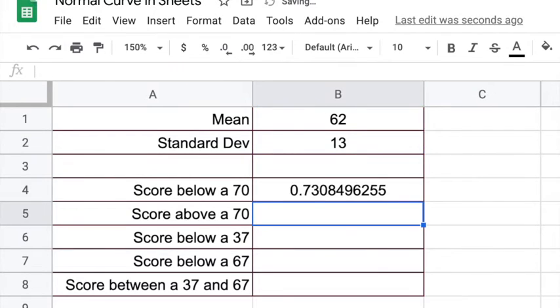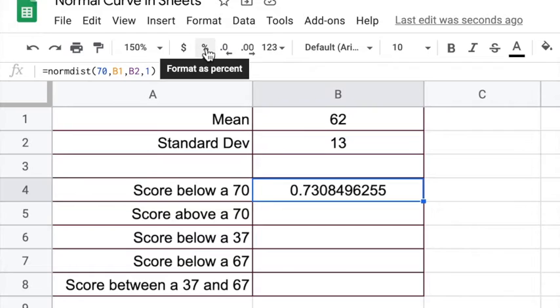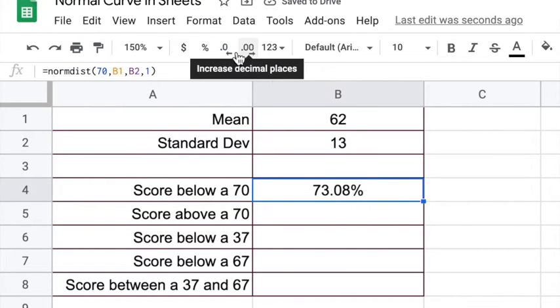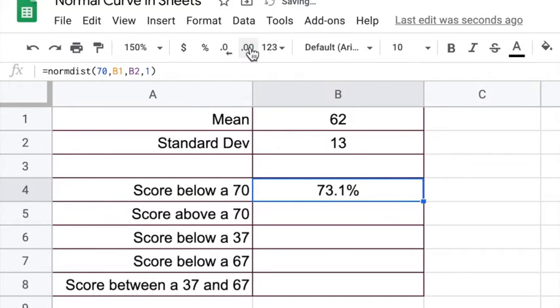And this should be the same answer that we got on the previous one. Now notice it's written as a decimal, so if we want it as a percent, you have to go up here and format as a percent. And depending on how many decimal places you want it to have, you can have less and you can have more to see how accurate we can get with it.